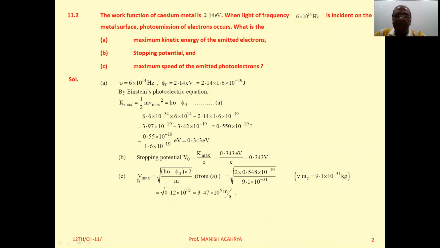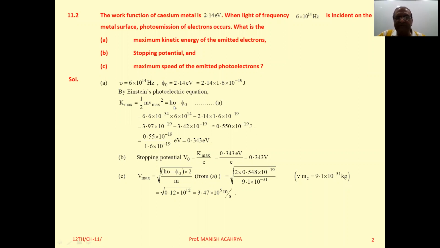Then maximum speed. Okay. So here you can calculate maximum speed by Einstein's photoelectric equation. If we make v maximum as a subject, then we can write v maximum that is equal to under root of h nu minus phi0 into 2 upon m.